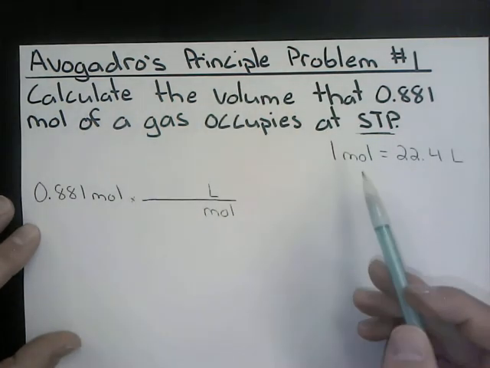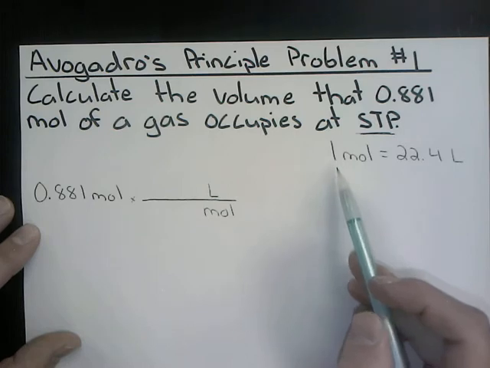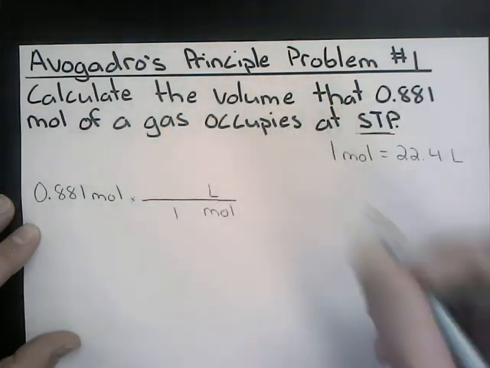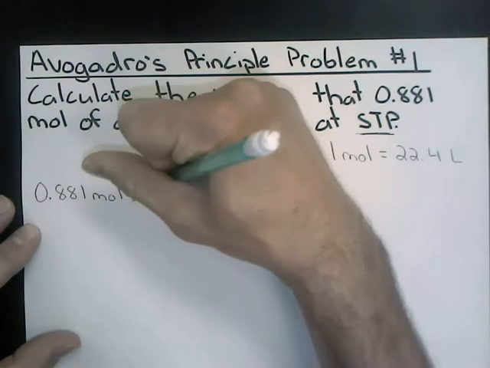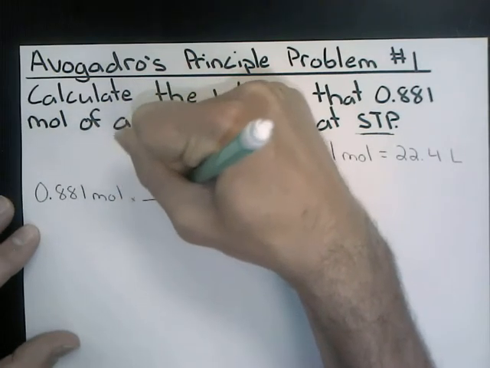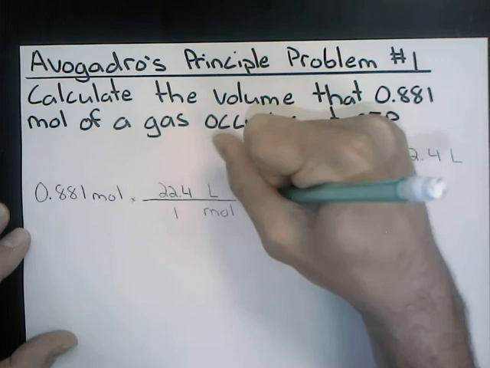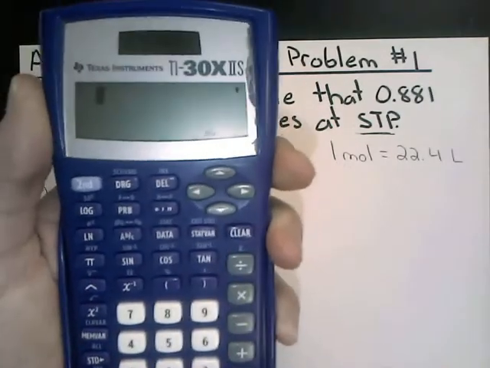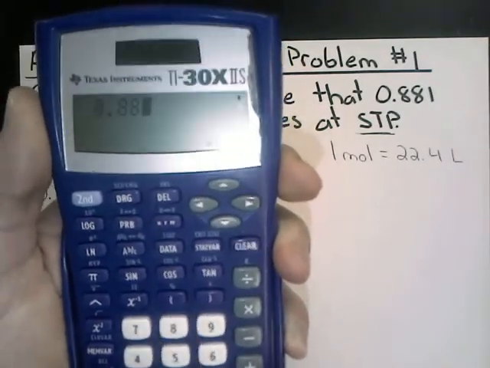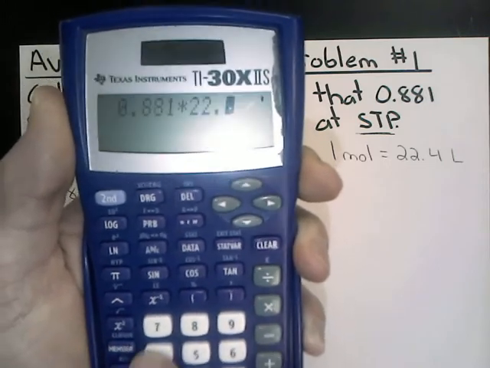Now what we have to do is we insert our numbers. So 1 is associated with moles, and 22.4 is associated with liters. Okay, so all we have to do now is take 0.881 times 22.4 and then divide that by 1. So here we have 0.881 times 22.4.